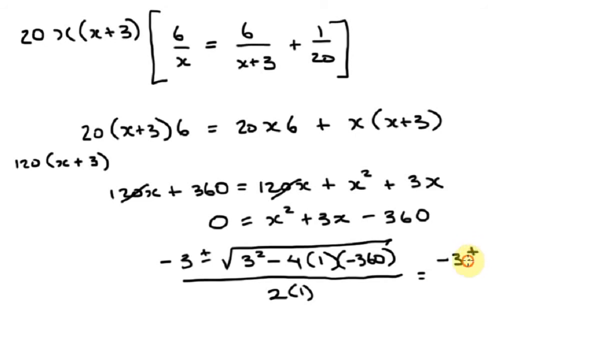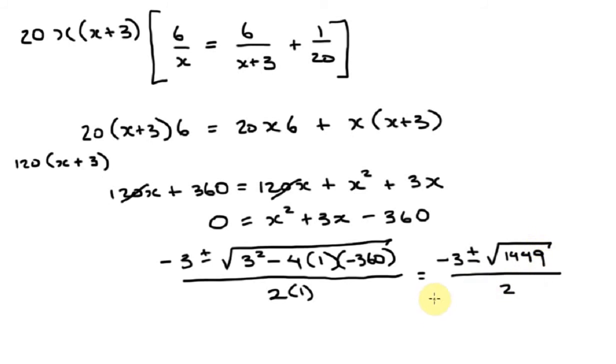So this is what I've got to simplify and get my solution. So negative 3 plus or minus the square root of, and we'll do the easier one first, that's just a 2. All right, if we plug this into the calculator, which I already did, 9, and then the double negative becomes plus 4 times 360, I ended up with 1449.